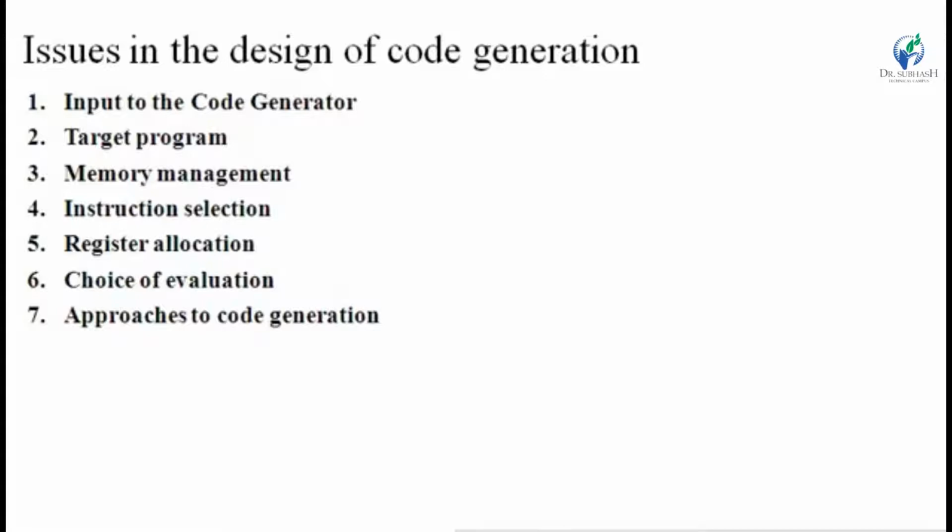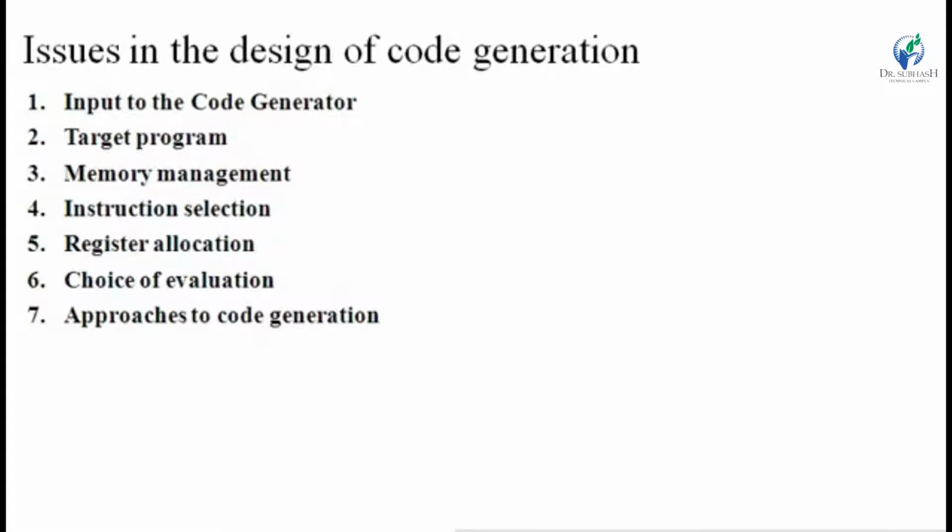Second is target program. The output of the code generator is the target program. The output may take on a variety of forms: absolute machine language, relocatable machine language, or assembly language. Producing an absolute machine language program as output has the advantage that it can be placed in a location in memory and immediately executed.